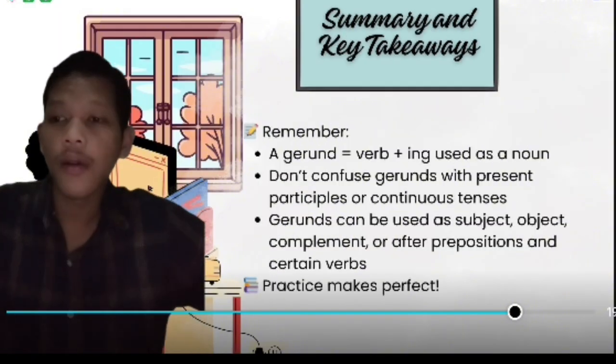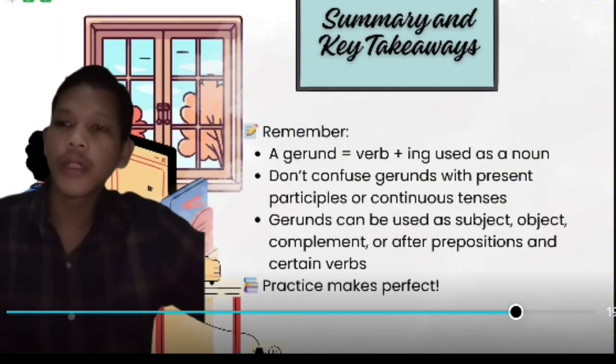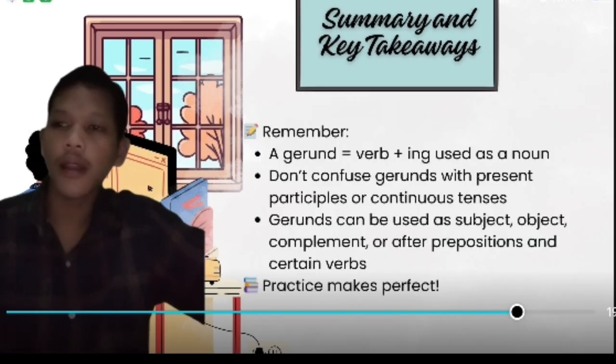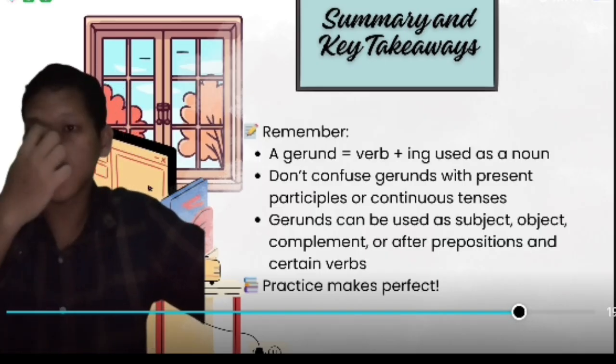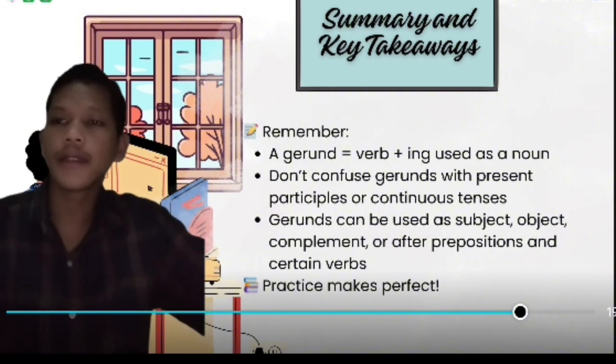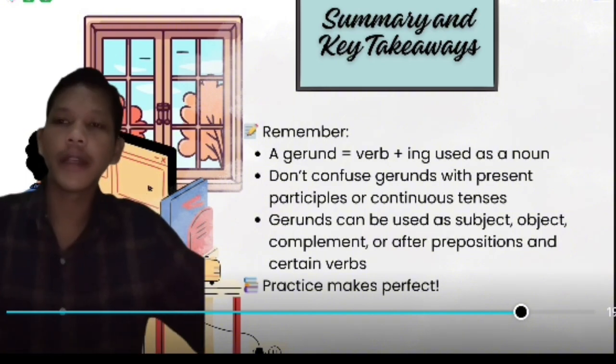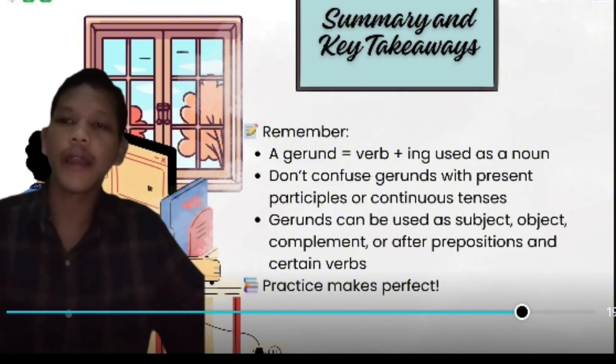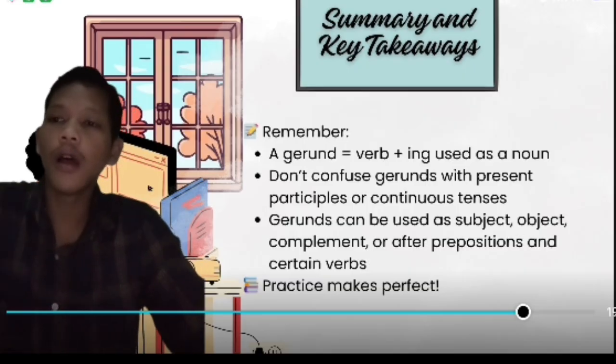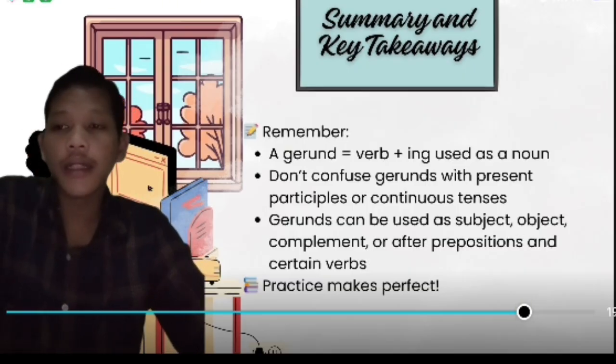Alright, we move to the 12th slide in this presentation, that is about summary and key takeaways. So in conclusion, a gerund is a verb plus ing used as a noun.